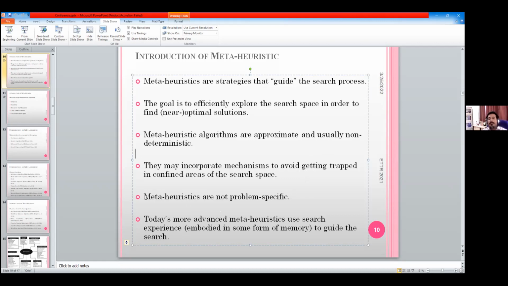Another important reason why people are using metaheuristic algorithms is that they are not problem specific. Any kind of problem you can solve by any particular metaheuristic. I just need the problem and just code that problem. The basic coding of the method is the same. You need to code only the problem and you will get your result.